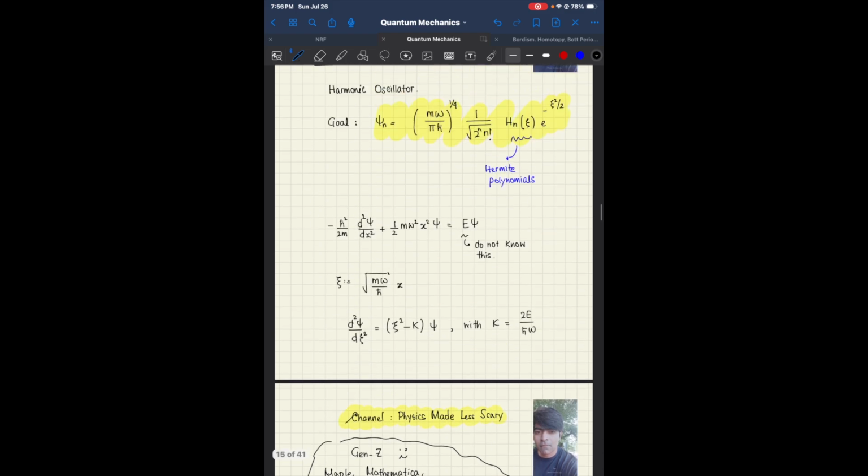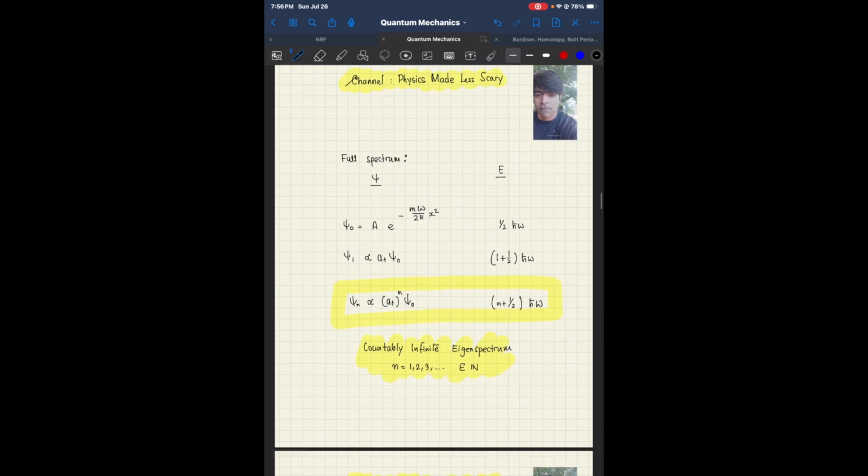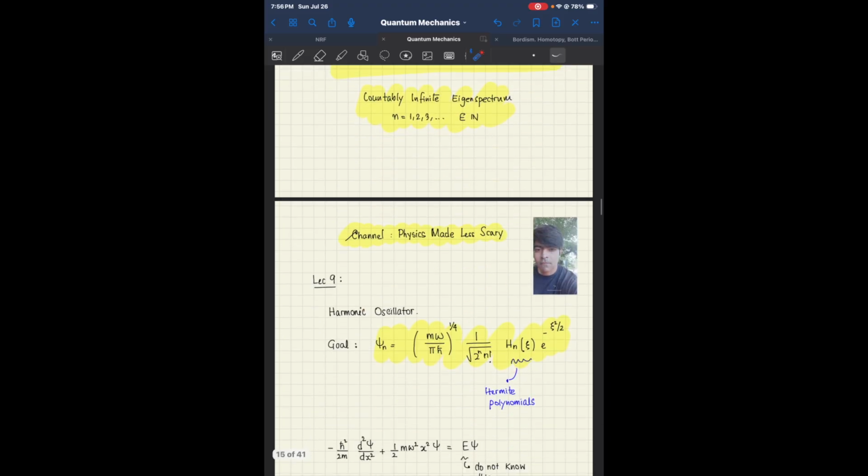This was the spectrum we had found, right? This was exactly the spectrum we had found here, that the energy is given by n plus half h cross omega. Great, you're done.